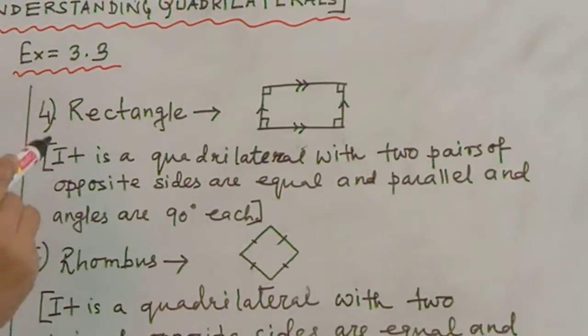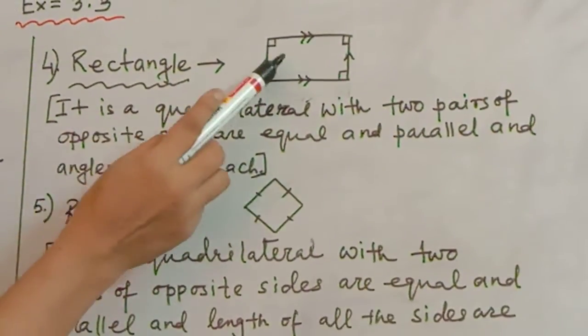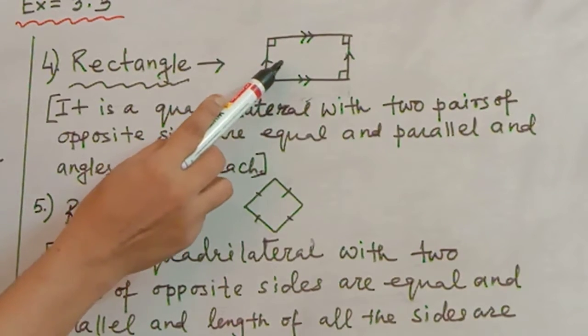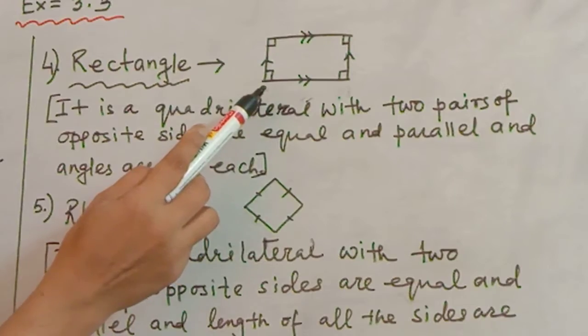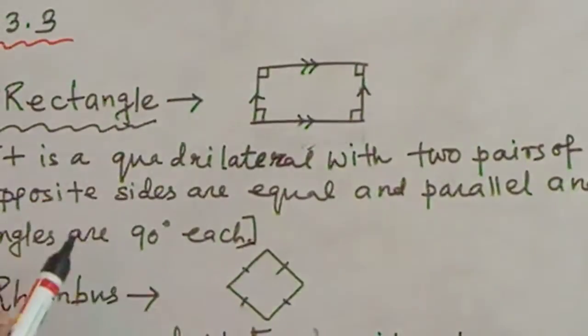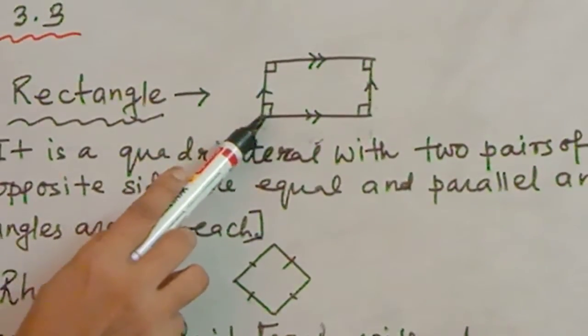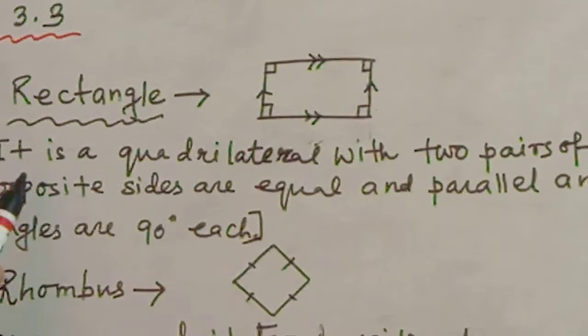Fourth one, it is a rectangle. Look at the diagram. It is a quadrilateral because it is a four-sided polygon, and opposite sides are equal and parallel. This is also correct, but the extra thing is there: all the angles are 90 degrees.